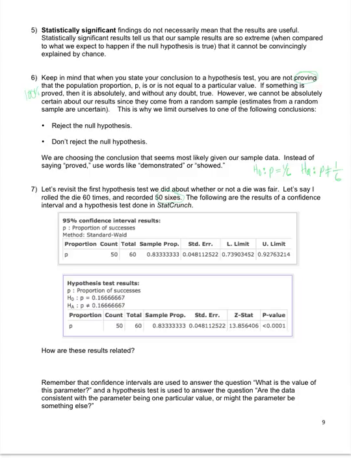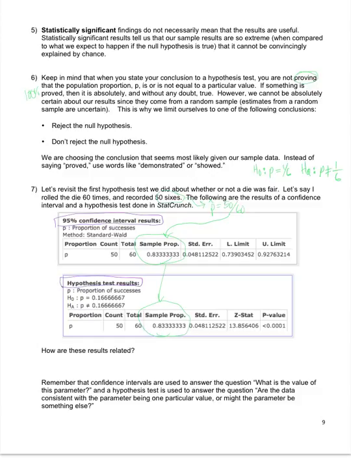Okay, and if we look, our p hat is 50 out of 60. If you grab a calculator, you'll see that that is the sample proportion given here and also here. All right, so they're similar in that the hypothesis test and your confidence interval are going to have the same p hat. So this is our confidence interval results here. This is our hypothesis test results here.